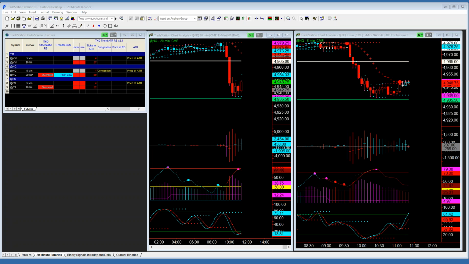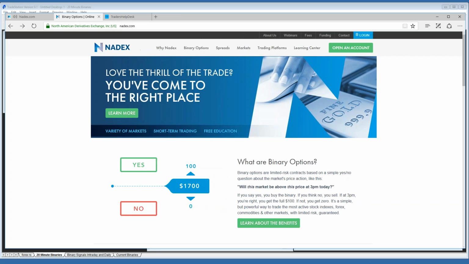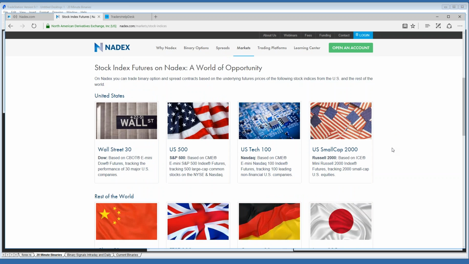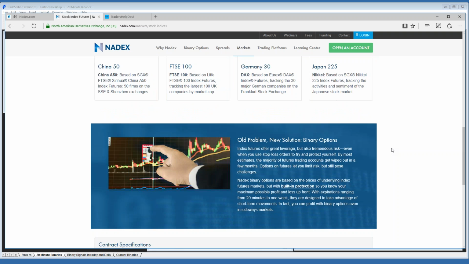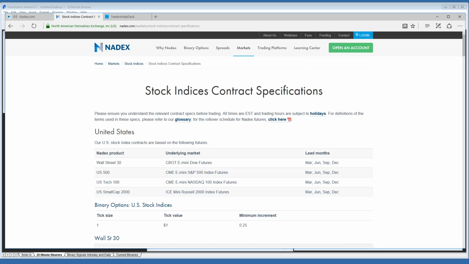Now let's go look at some examples. And what I want to do first, if you are new to trading binary options, I suggest that you go to the Nadex site, go to markets, and for example on the stock indices, we're actually going to be looking at some 20-minute binaries. So I want to see, okay, how big are the strike widths on a 20-minute binary.